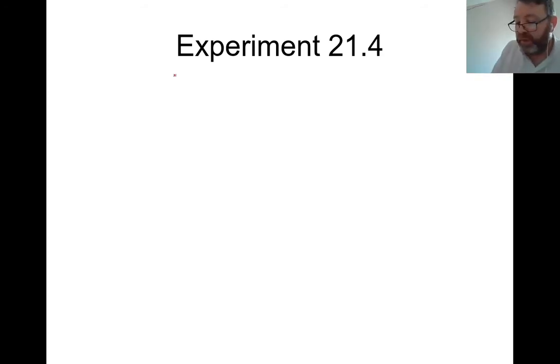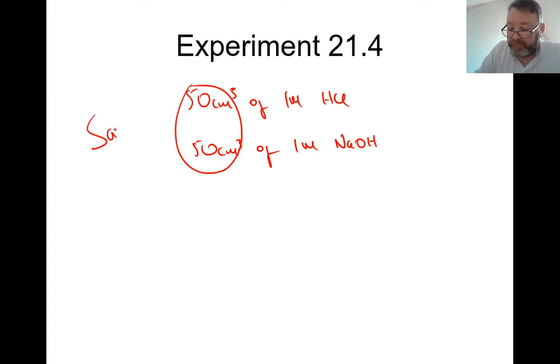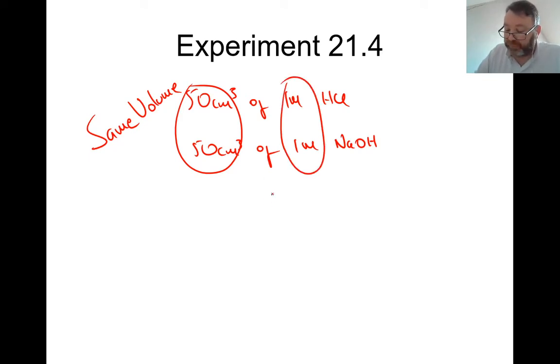Let's think about this. We would have 50 centimeters cubed of 1 molar HCl and 50 centimeters cubed of 1 molar NaOH. Now, there's three things you should notice here. Number one, the same volume. Number two, the same molarity.